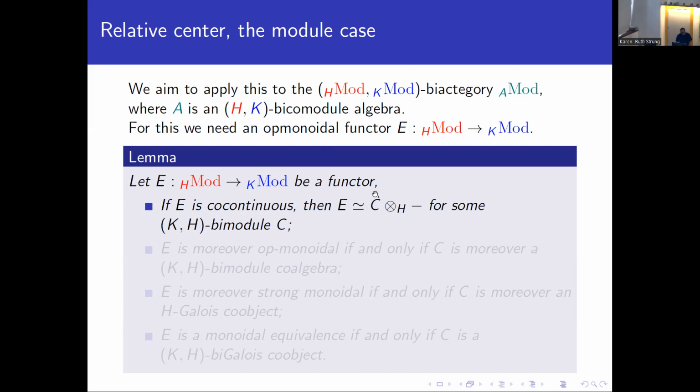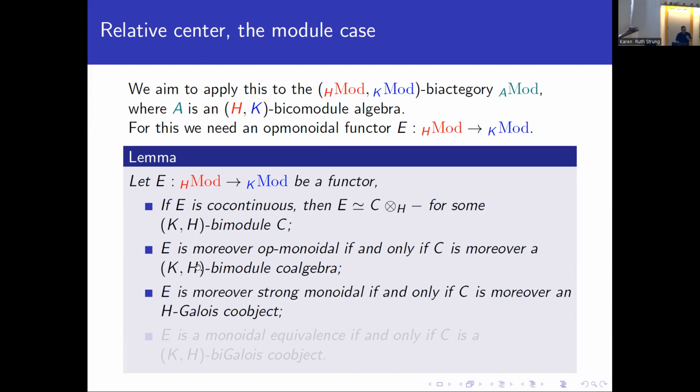And again, we have to remember from our YD datum that C is a bimodule coalgebra and bimodule over KH. And we can show that if E is monoidal, then it is, if and only if, C becomes a bimodule coalgebra.